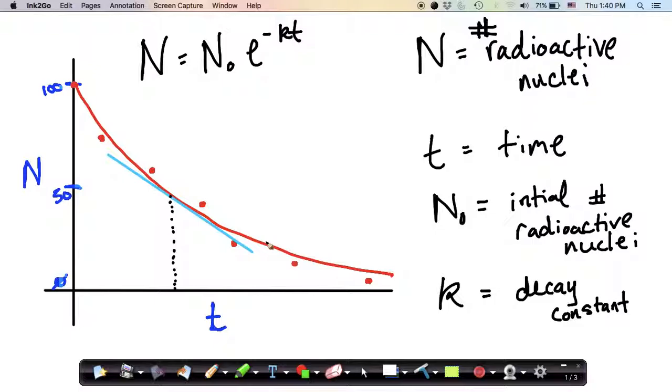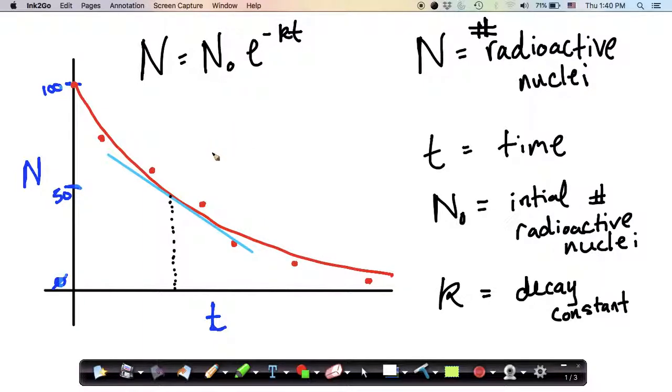And because this nuclear decay curve is concave up, we do see that the rate of nuclear decay is decreasing as time progresses. So it would be maximized initially, the initial rate will be the greatest, and it will be minimized when there are no radioactive nuclei remaining, but we do see it decreases as time progresses.